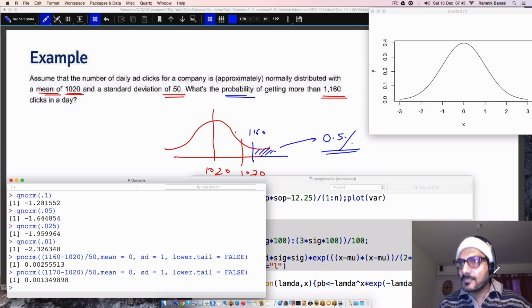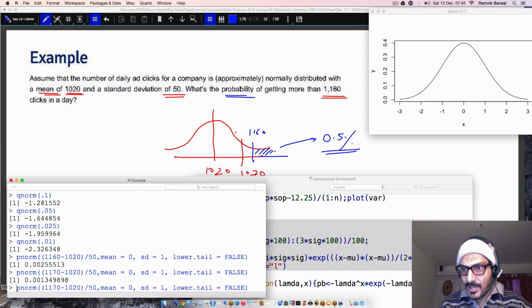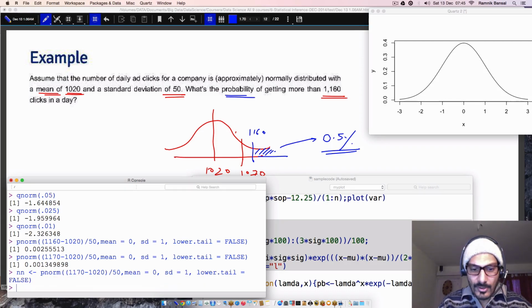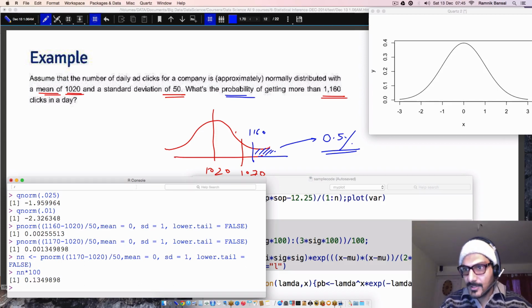Three standard deviations will give us... let me capture it in some value, let me call it NN, and then multiply by 100. Hold on.